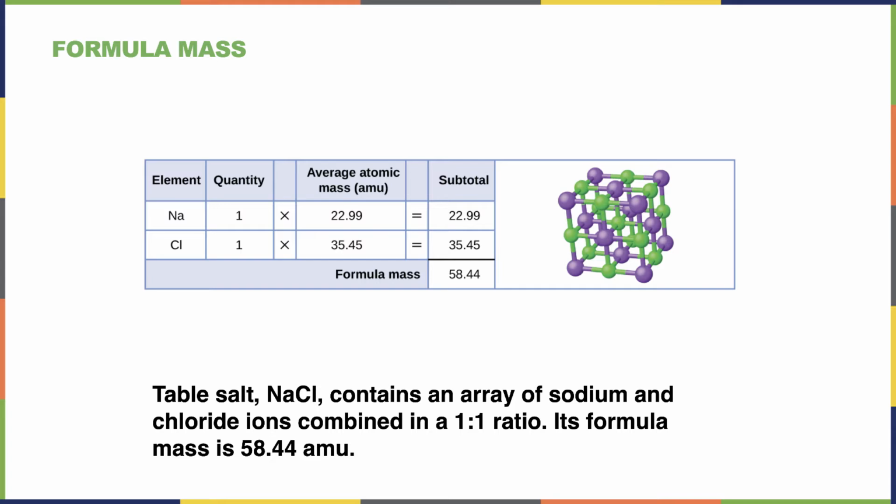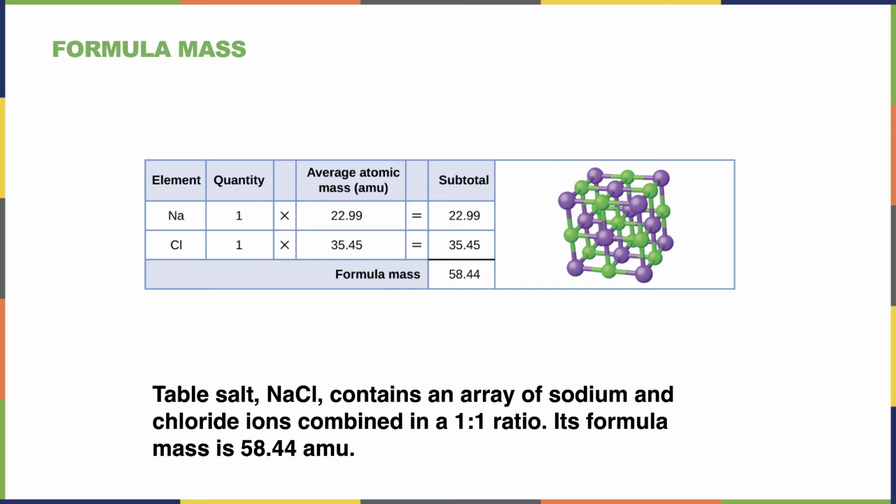In order to calculate the formula mass for this, you write the elements down, Na for sodium and Cl for chlorine. There's one each. The average atomic mass for sodium is 22.99.